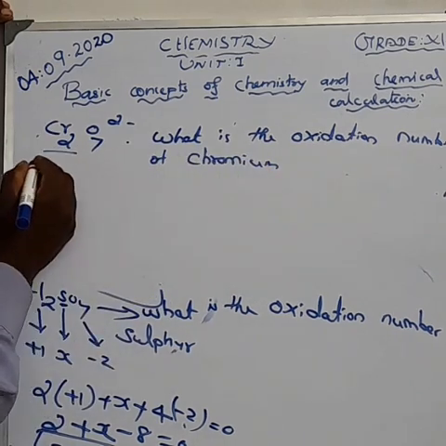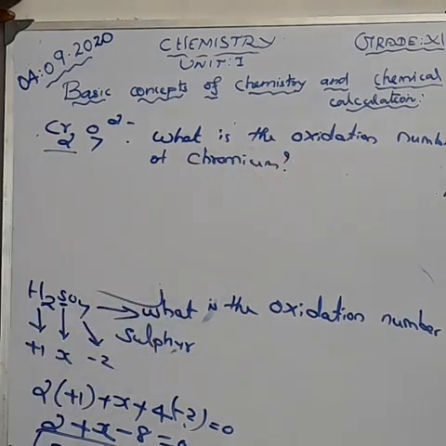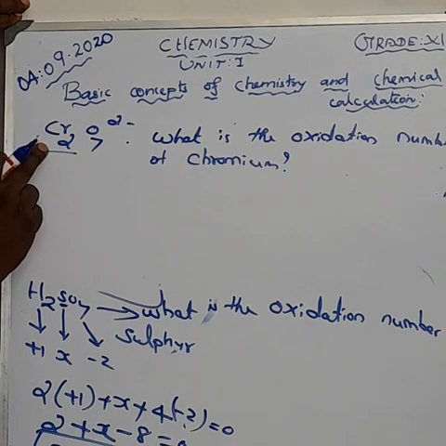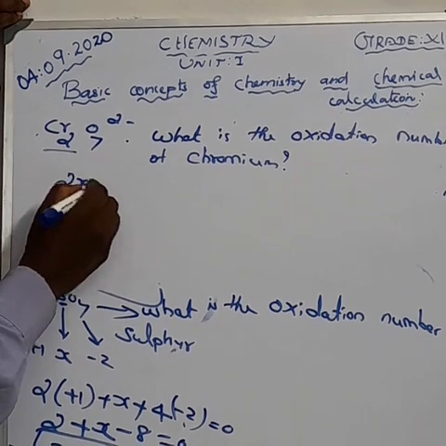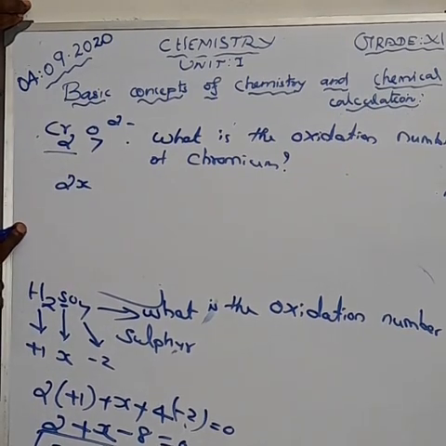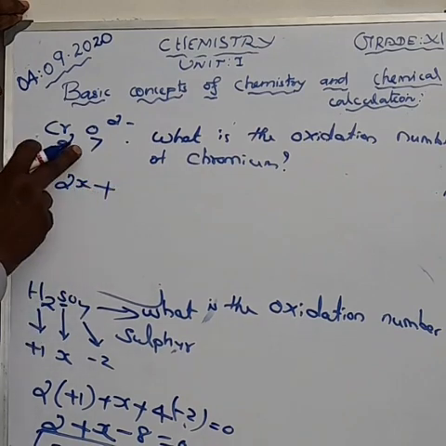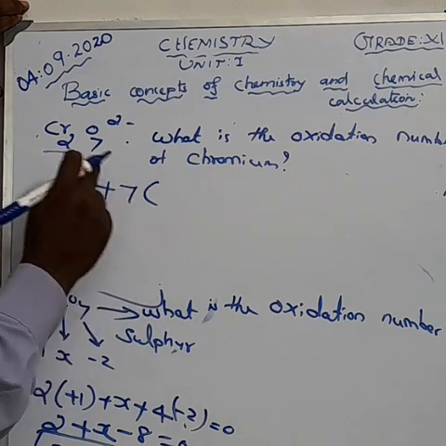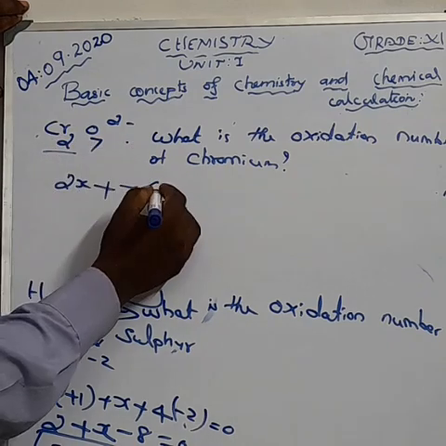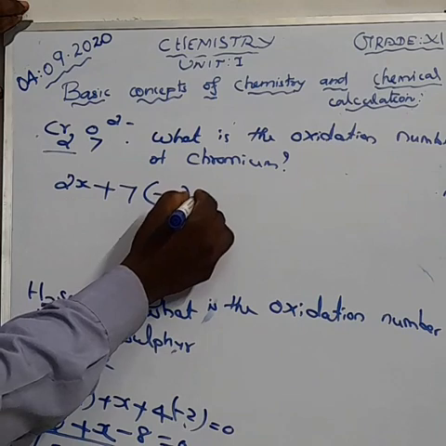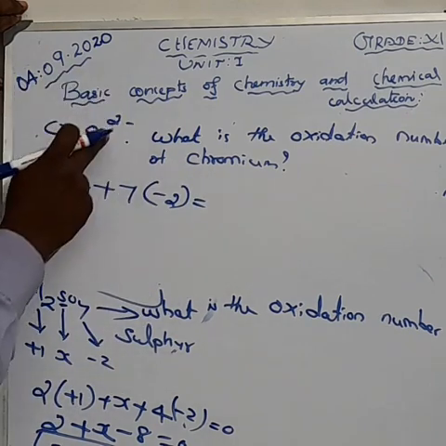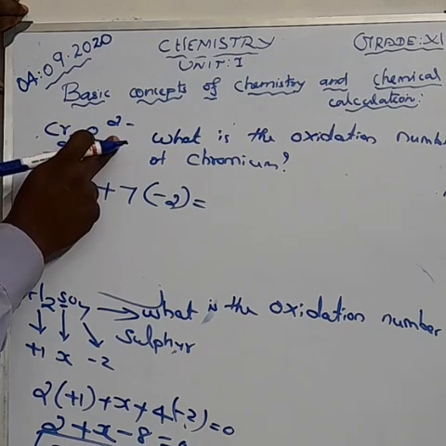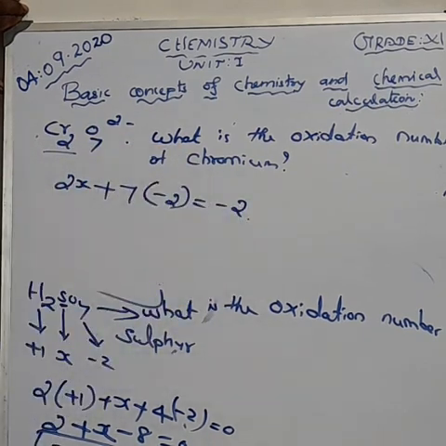Chromium is symbol Cr. How much chromium is there? 2 chromium, so it should be taken as 2x. 2x plus how much oxygen is there? 7 oxygen, 7 into -2. This ion has a charge of 2 minus.